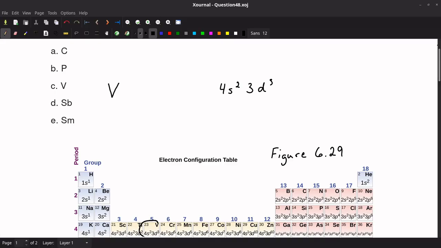And we're going to go up one row all the way over to here to argon. And we're going to say that this guy has an argon core. And then we're going to play the same exact game that we did before. Argon is neon with this portion right here as its valence. So it is neon with 3s2, 3p6.